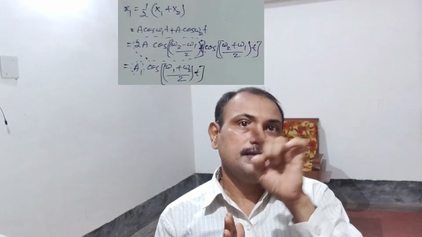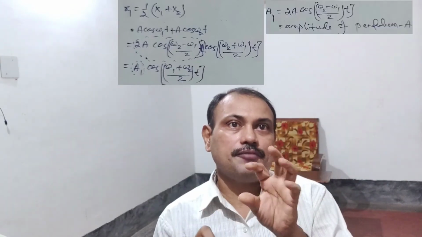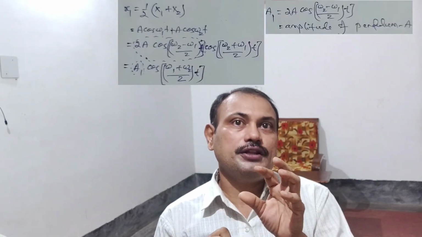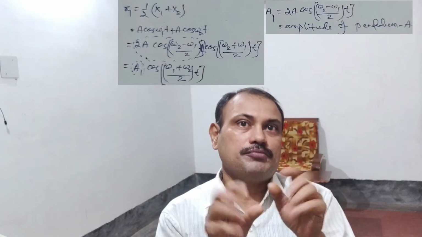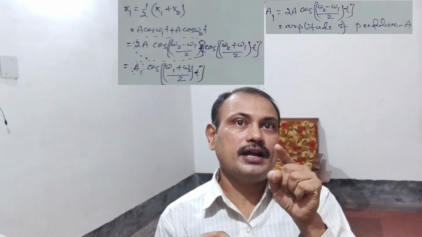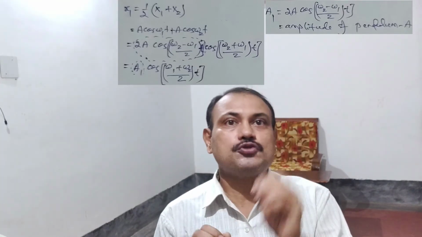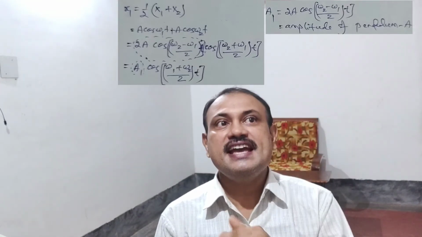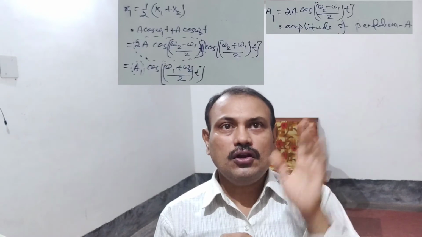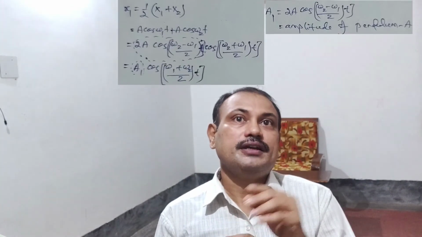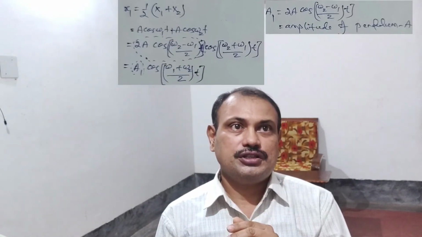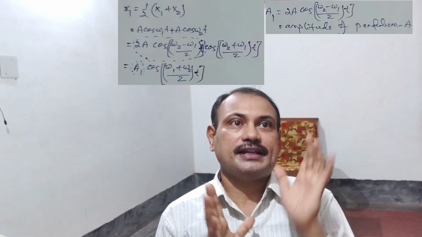Now we will have two cosine terms here. We will now join the twice A cosine term, that is twice A cos of omega 2 minus omega 1 by 2 into t. This term we will substitute as capital A1, which is the amplitude of the first pendulum in the normal mode vibrations. That we will assign as capital A1.